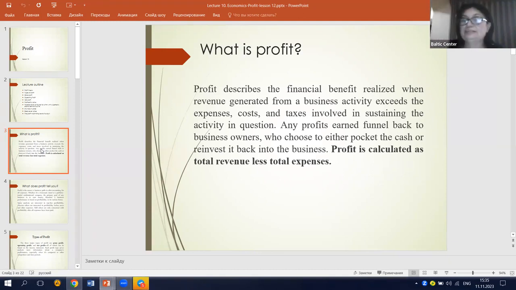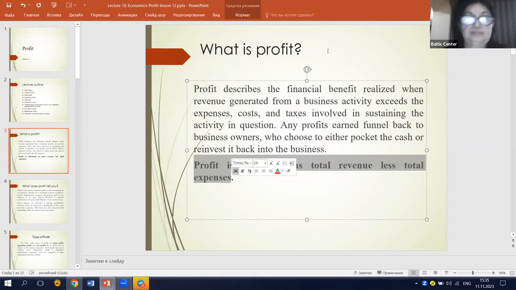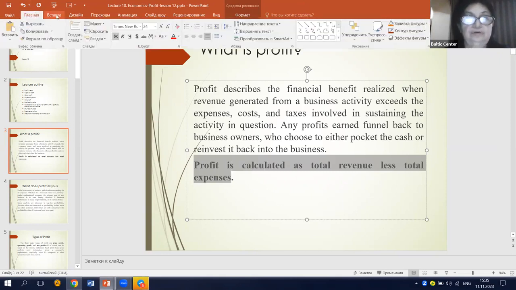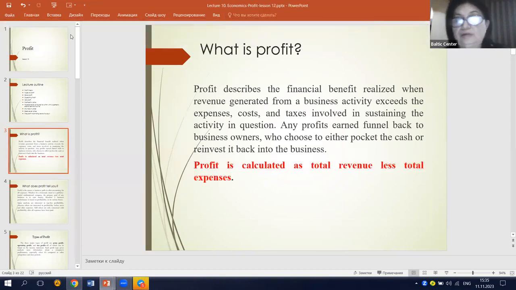I also gave you the formula, with beautiful red lines. Profit is calculated as total revenue less expenses, that is, total revenue minus total costs.